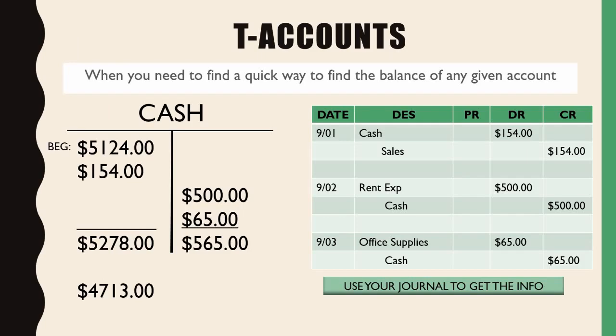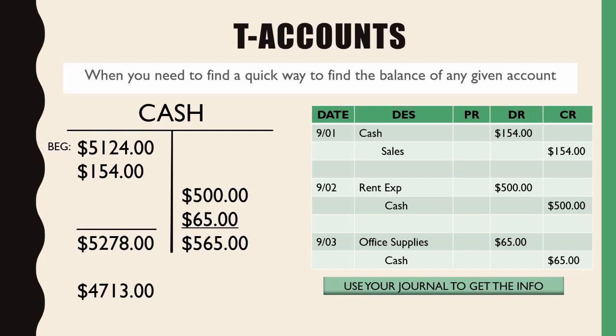Now, T accounts is just a quick summary. If you've been using an account too many times in your journal, you can go ahead and draw a line here and get a quick overview of what your account balance is. Again, you can do this, or the best way to do it is through the general ledger.